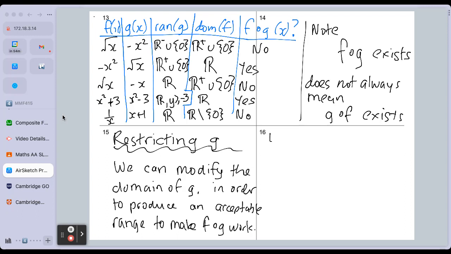Example. I'm doing row 3. F of x equals root x. G of x is equal to negative x.